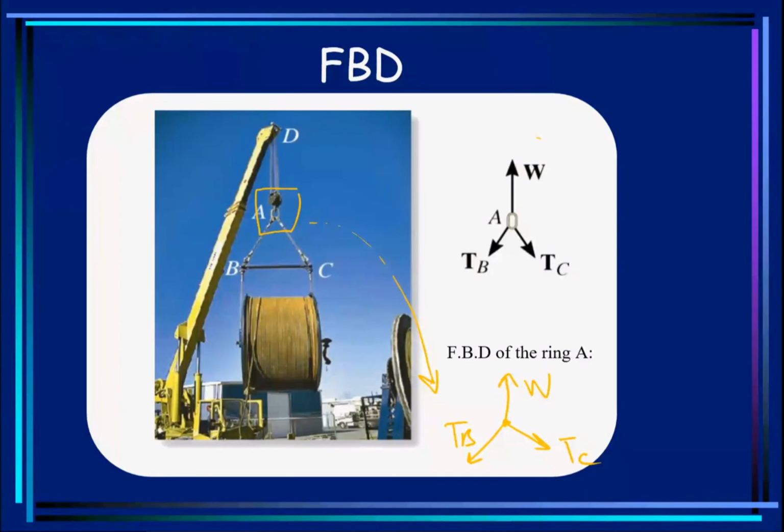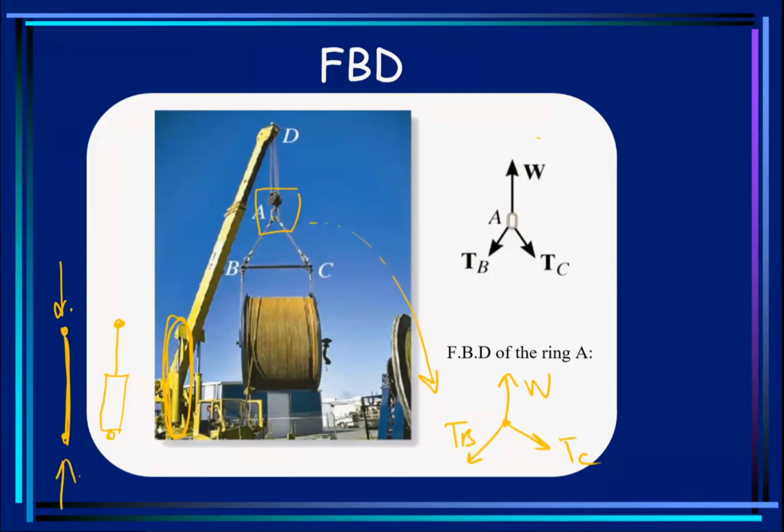If I had to do analysis on the actuator here, I would cut it off from the surrounding, apply forces, and draw its free body diagram. So its free body diagram is just simple, 2 points. You have the force here and you have the force here.